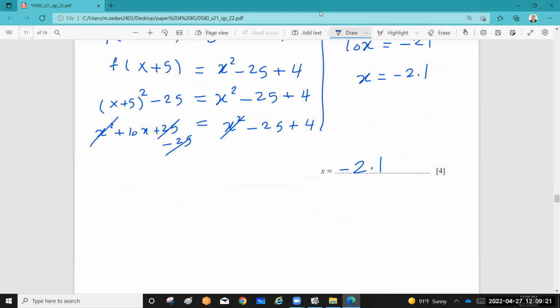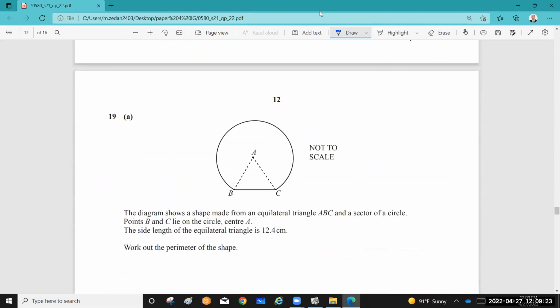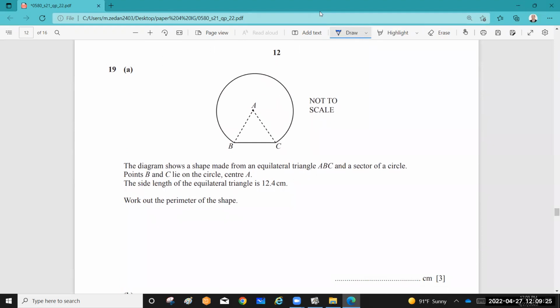Next question is number 19. I have a circle with center A, and this triangle is an equilateral triangle with side 12.4. I'd like to find the perimeter of the shape. As you see, the perimeter is the major arc BC, plus the side BC.